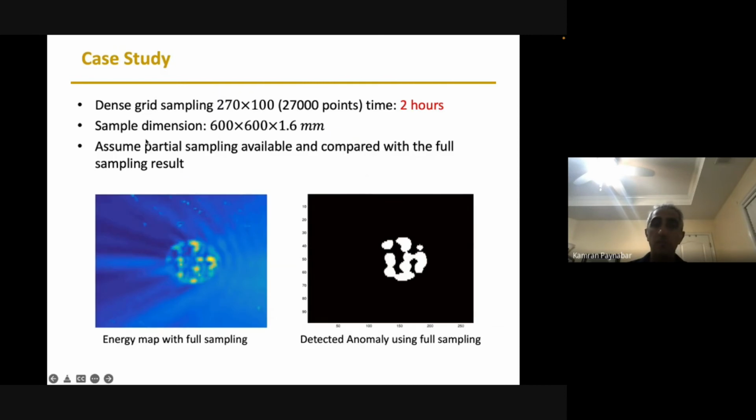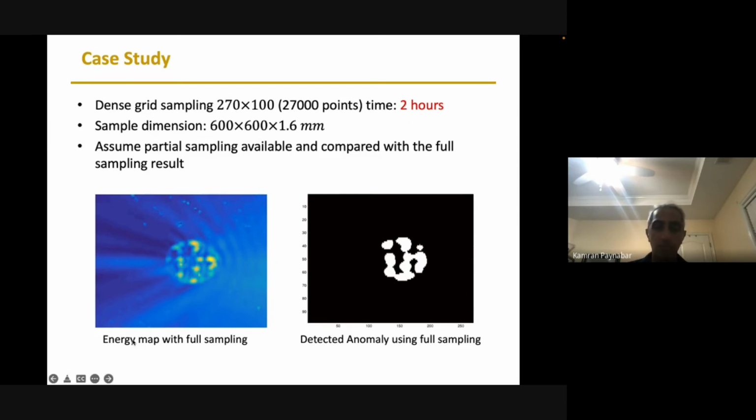If you want to do dense sampling, for example, a dense grid of 27,000 points, it's going to take 2 hours, okay? And the sample dimension in this case is 600 by 600 by 1.6 millimeter. We assume that partial sampling is available, and what we are going to do is compare the full sampling results with partial sampling.